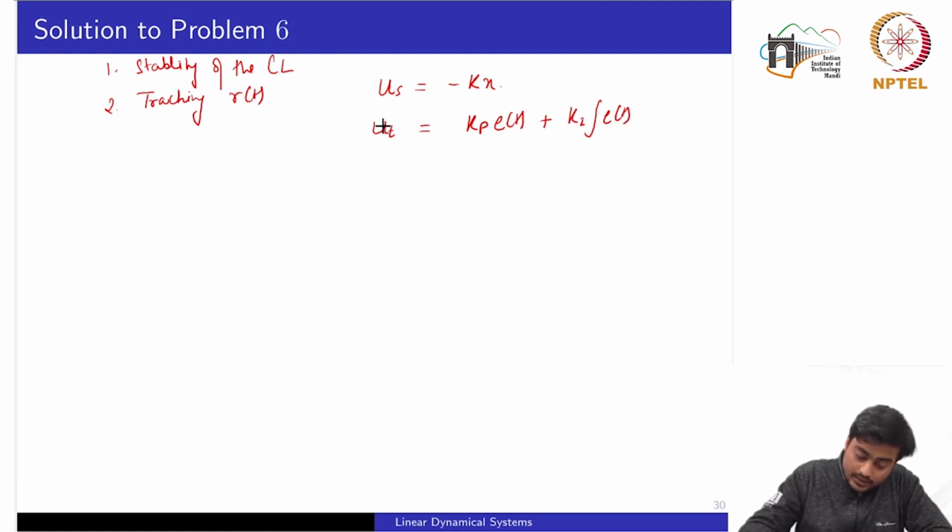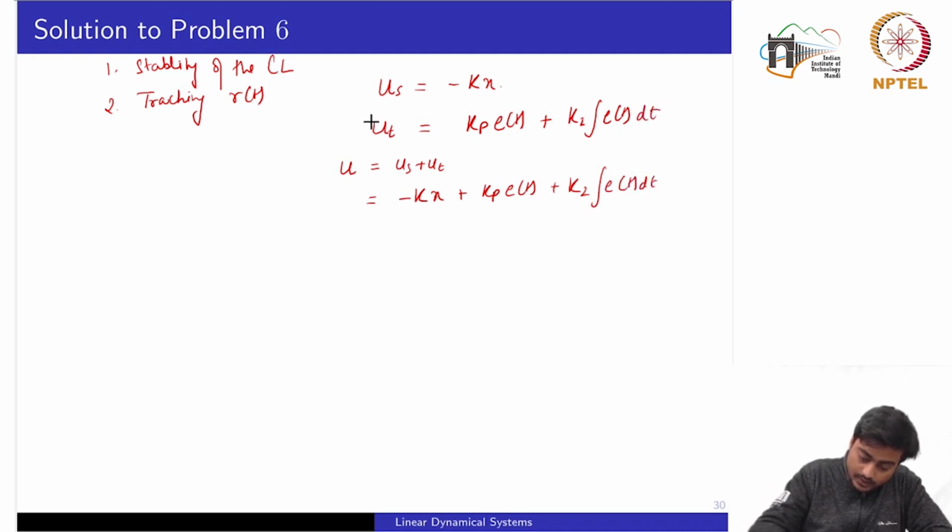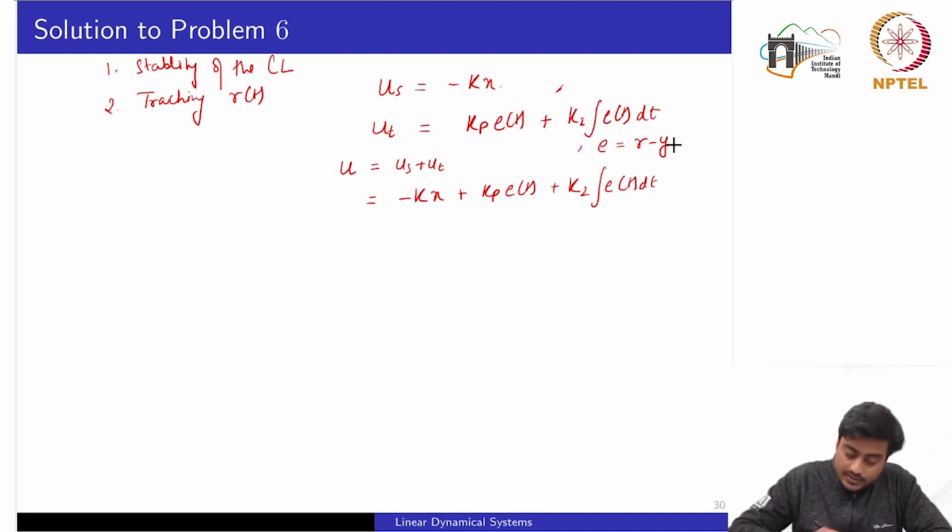Okay, so if I combine both these inputs as the actual input, that is u_s plus u_t, I would have minus k times x plus k_p e of t plus k_i integral e of t dt, where my error signal is r minus y of t. Okay, r is the reference trajectory and y is the output of the system.